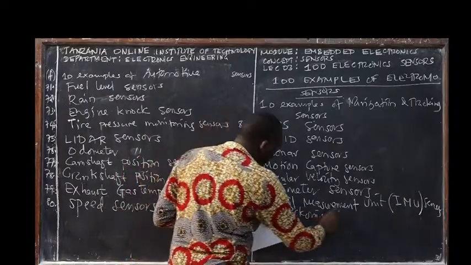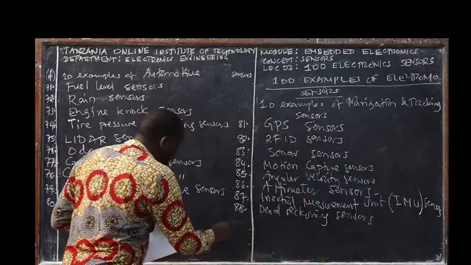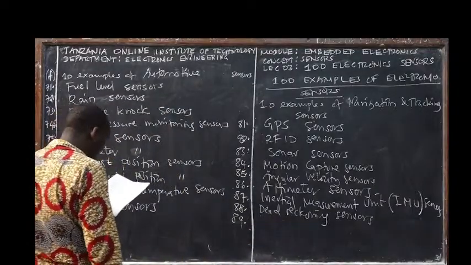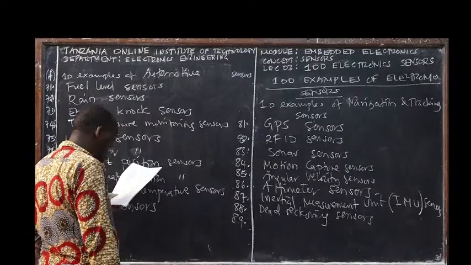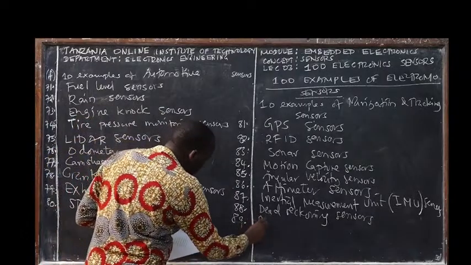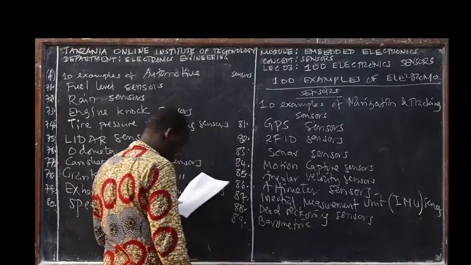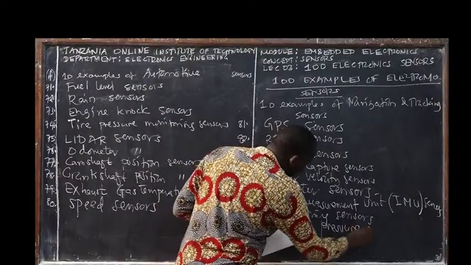Say dead reckoning sensors. You learn about dead reckoning in telecommunication, and in navigation. Then the next sensor is called the barometric pressure sensor. Unazifahamu hizo?